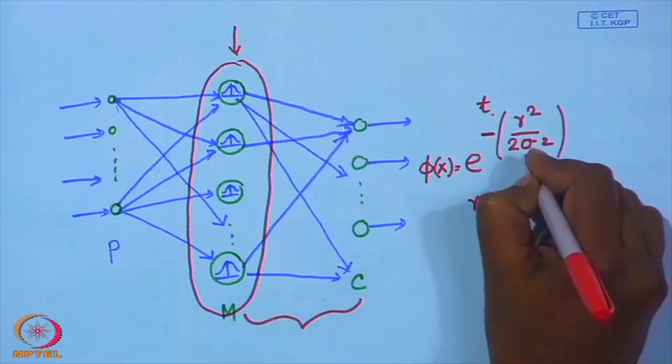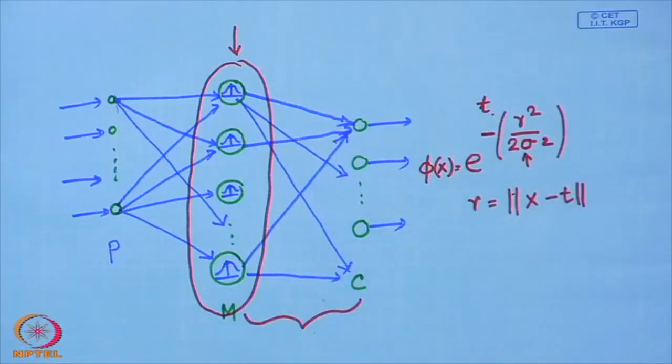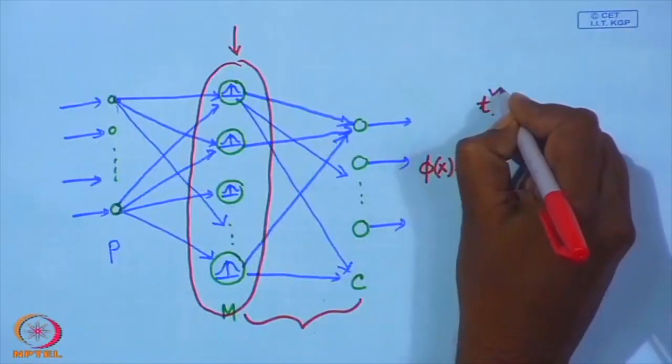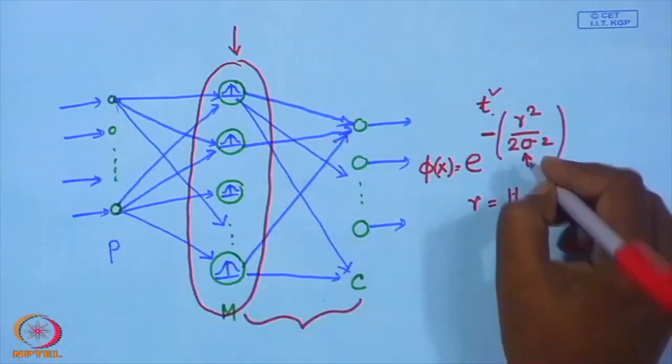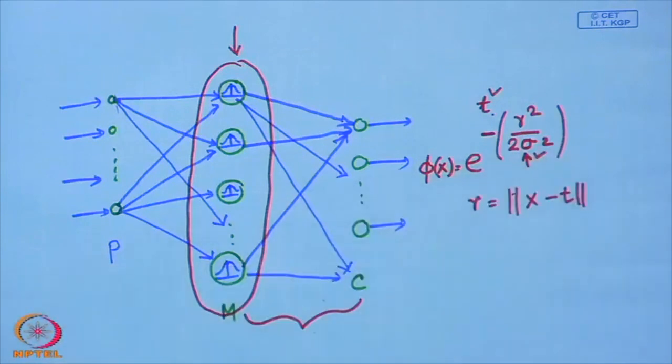This sigma indicates the spread of the radial basis function, so that is also to be trained. By saying that I want to train the hidden layer nodes, for each node I have to find out what is t, and for each node I have to find out what is sigma. That is what is meant by training of the hidden layer nodes.